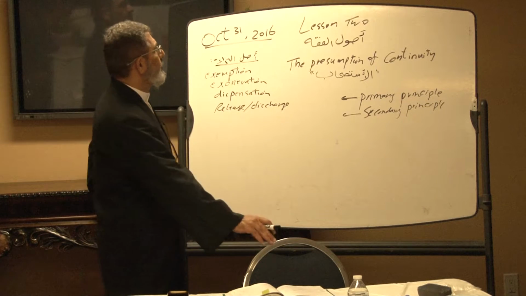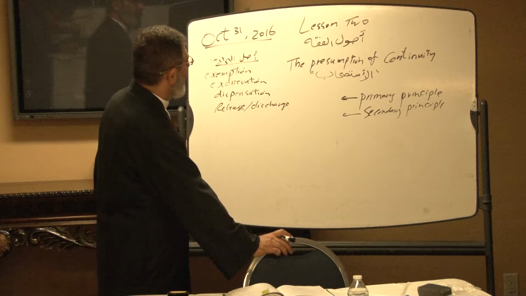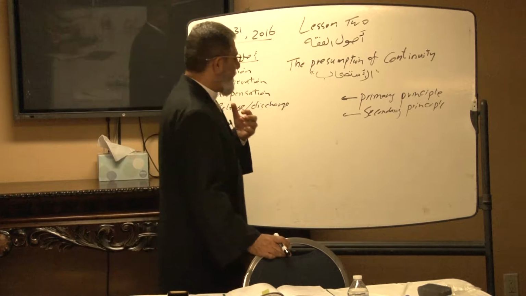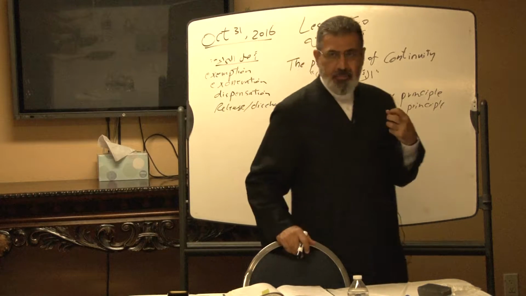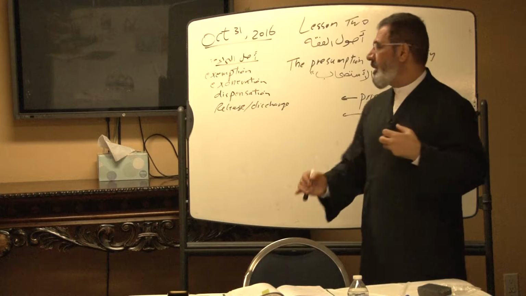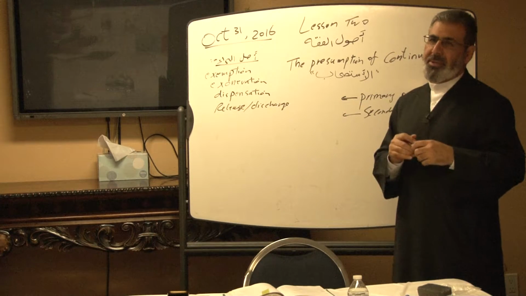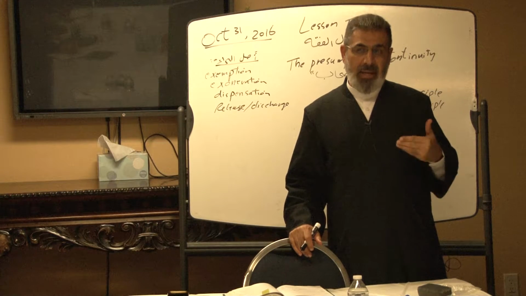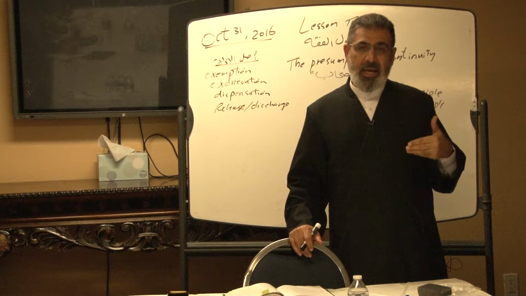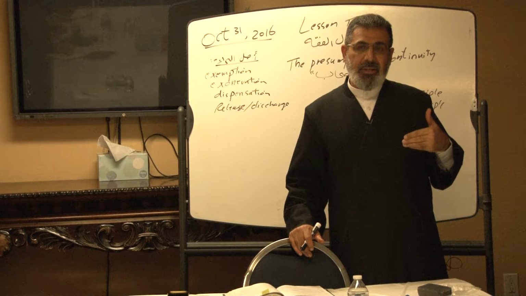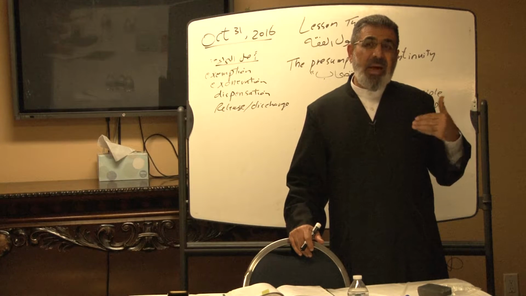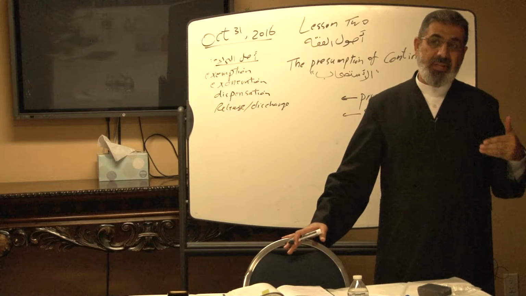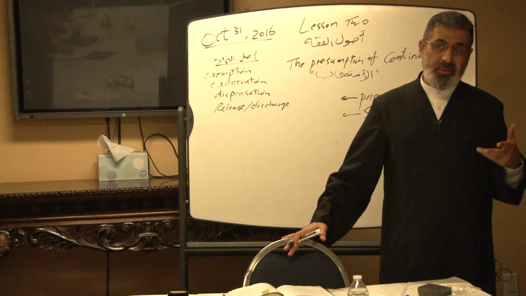Lesson 2 on Usul al-Fiqh. We mentioned that we have primary principle and secondary principle. When it comes to the practical stand, it is the second step taken by a jurist after the first step. The first step is what?